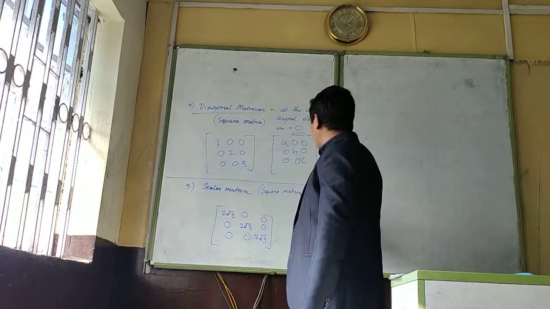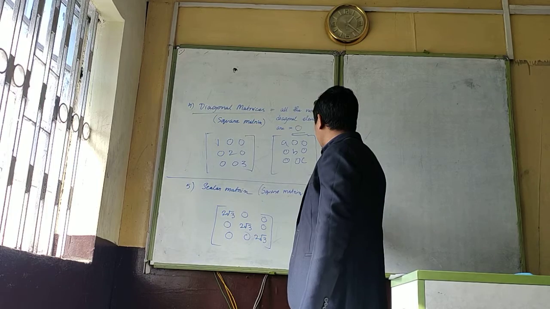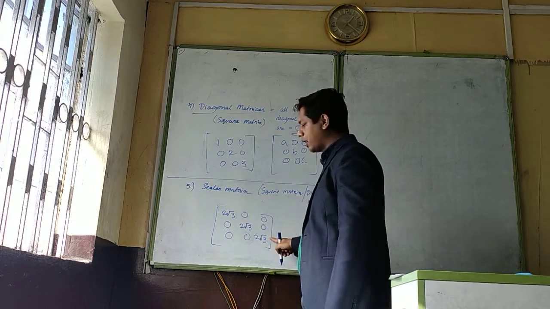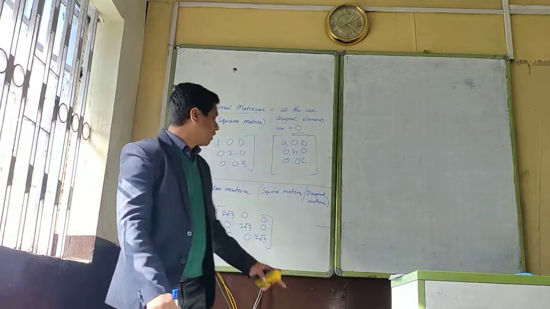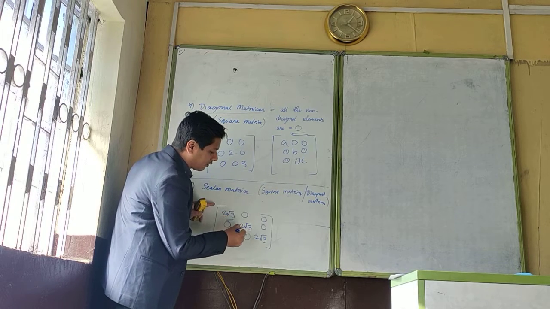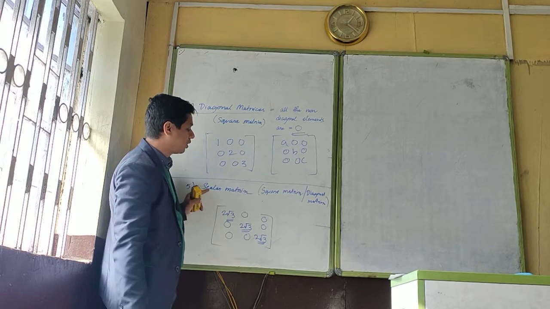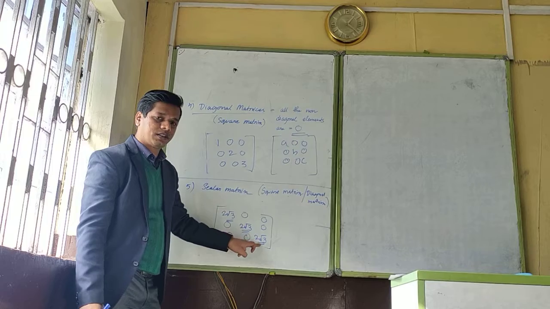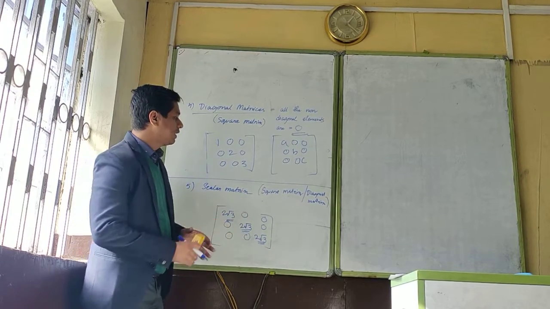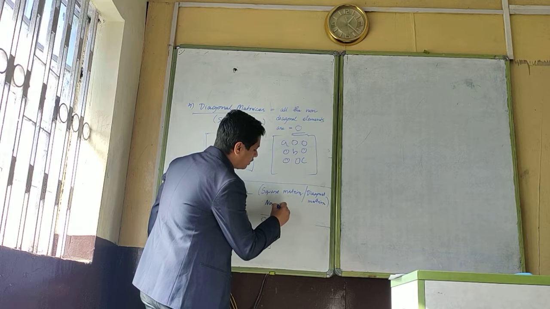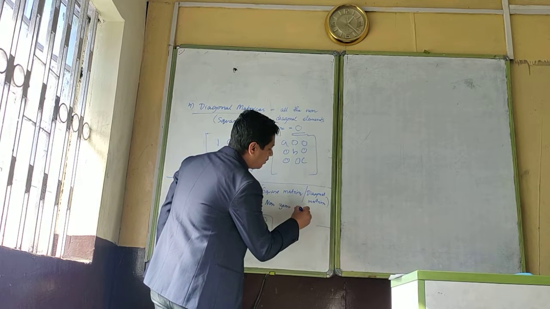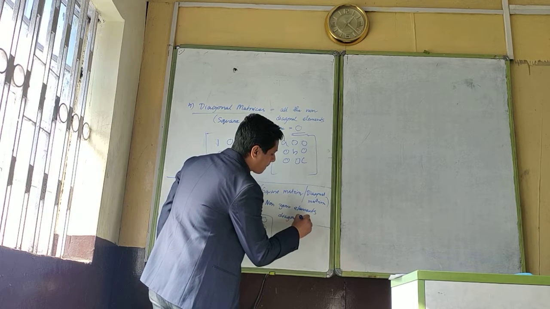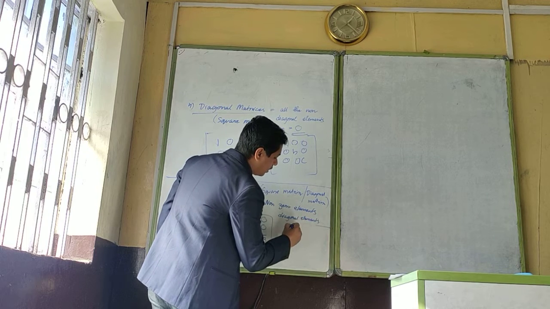It is also a diagonal matrix, because the elements which have some value have been arranged diagonally, but the only difference is that the values assigned are the same. So what is a scalar matrix? It is also a square matrix as well as a diagonal matrix, but the non-zero elements present will be the same, the diagonal elements are equal.